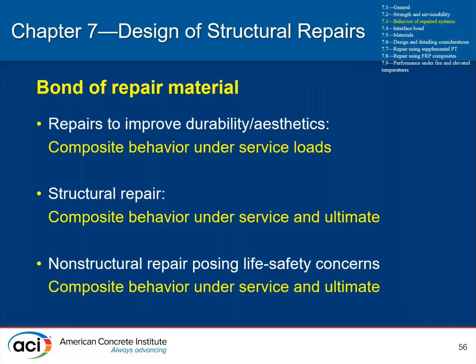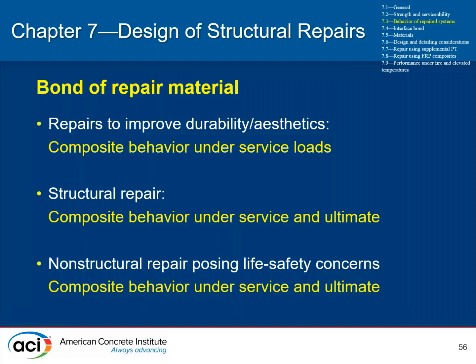The example that I can think of off the top of my head is for corrosion-related repairs, or really any repairs, in overhead conditions or overhead areas, where if that repair material detaches, it can essentially fall and cause injury to people or property.